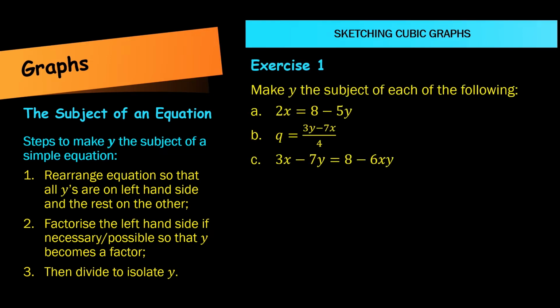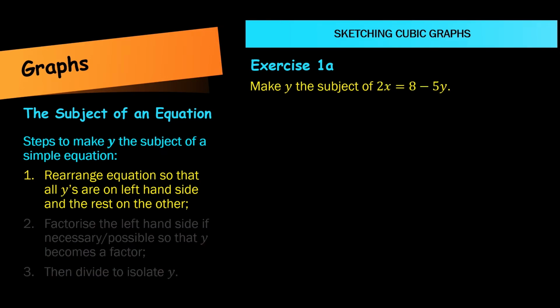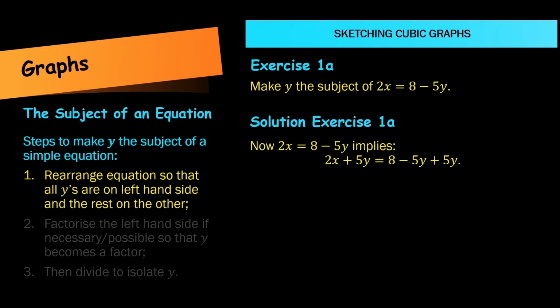So let's now take a look at review exercise 1. Part A asks us to make y the subject of 2x equals 8 minus 5y. So let's solve this. We're going to add 5y to both sides in order to bring the y's to the left-hand side.